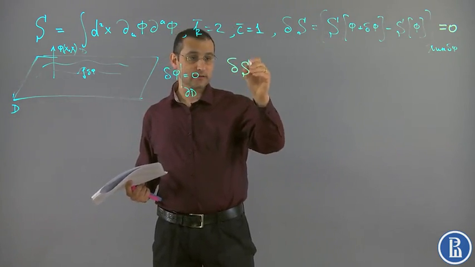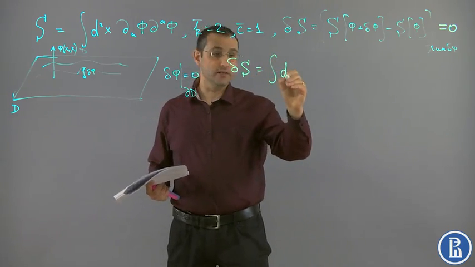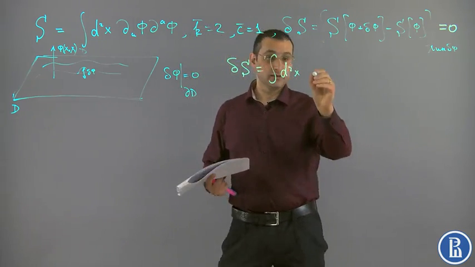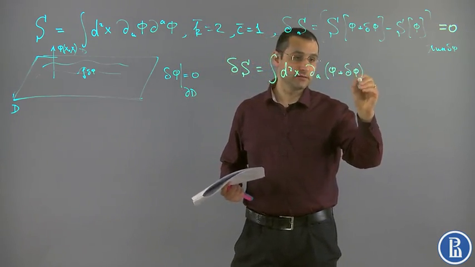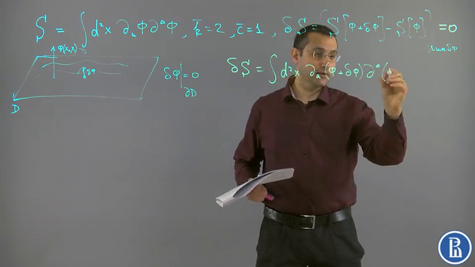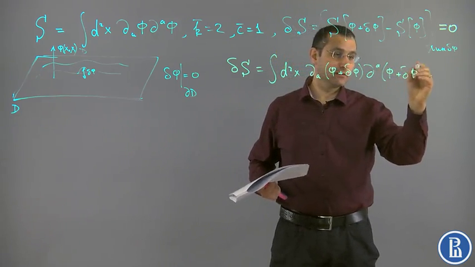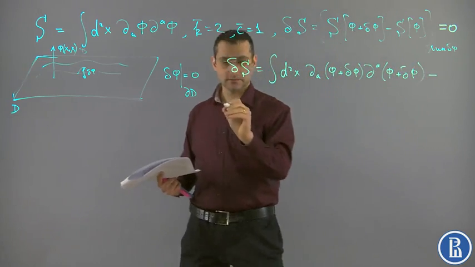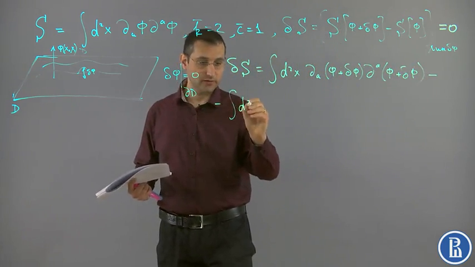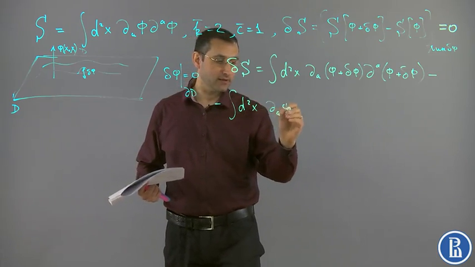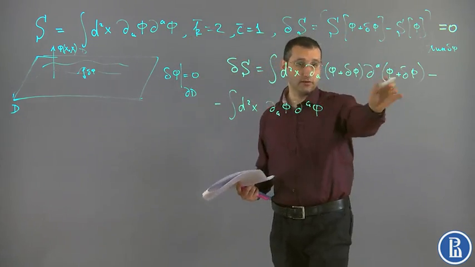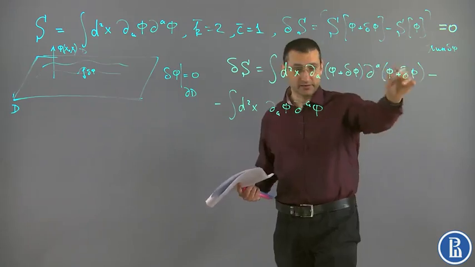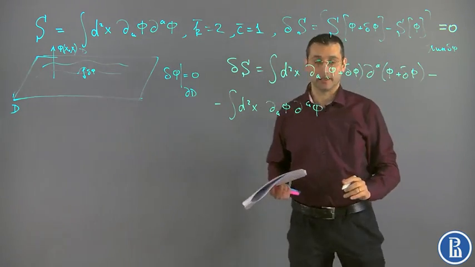Delta S is then just the integral d2x of ∂_A(phi plus delta phi) ∂^A(phi plus delta phi), minus the integral over d2x of ∂_A phi ∂^A phi. We have just written this difference, and we remember that we want to find it to linear order in delta phi.